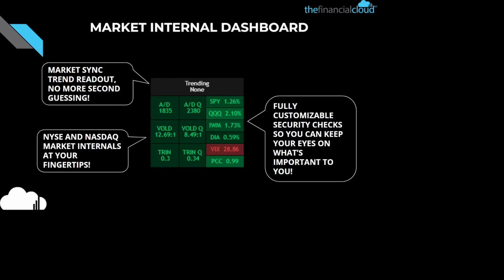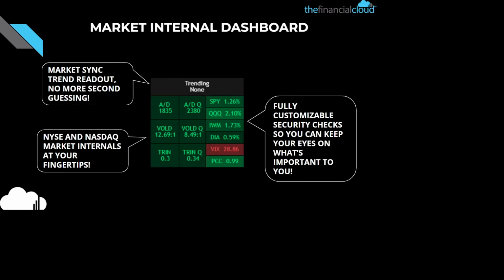You sit down on your computer, you know the trend of the day. This top box, we'll get into our market sync a little bit later in the presentation. If you don't like to watch the market sync line, we will give you a trend indicator right on top. If you want to know if the market is leaning bullish, bearish, or neutral, readouts right there. Once again, no more second guessing. It's all in front of your face.